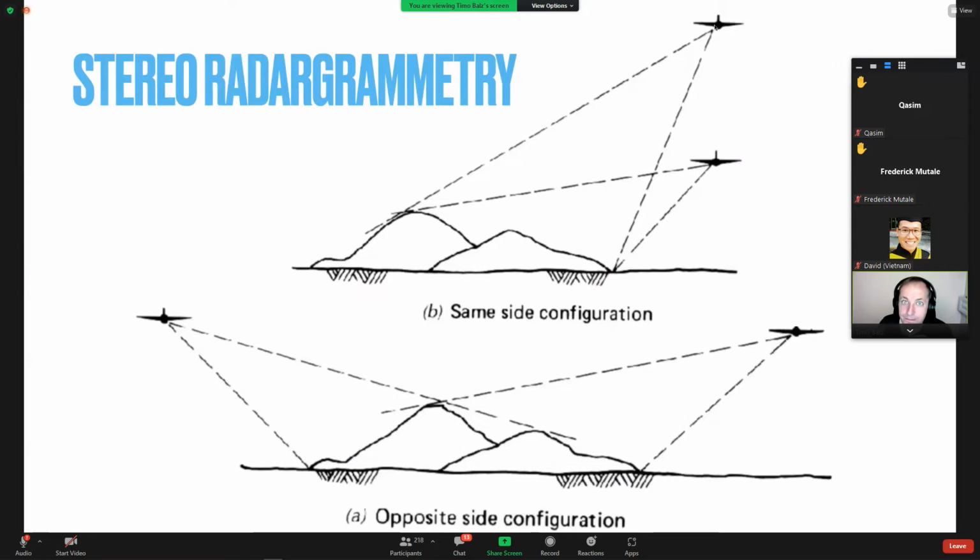So if our second image would be here, with a very small difference between these two angles, they're almost looking the same side. There's not going to be a lot of difference in the looking angle. There's then also not going to be a lot of difference in the range shift of this pixel.